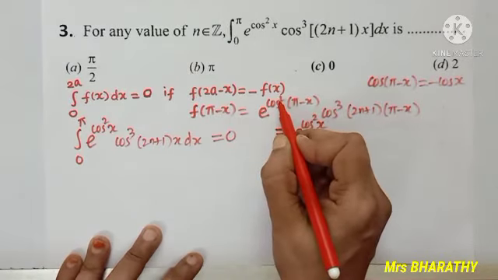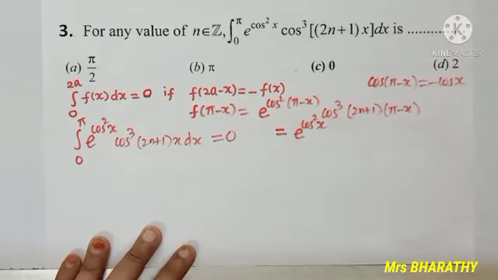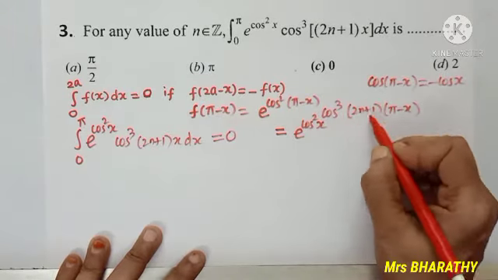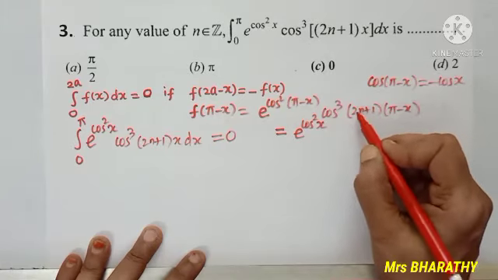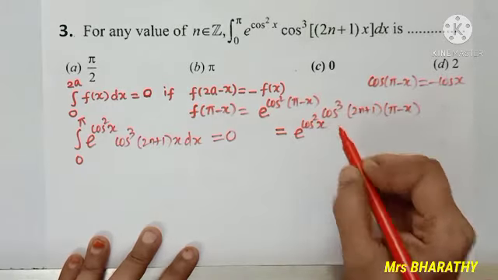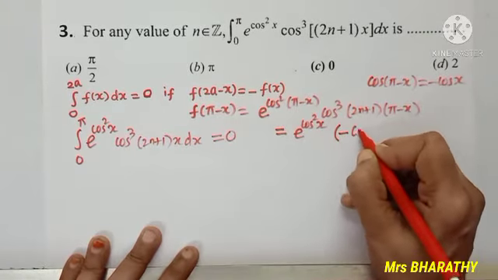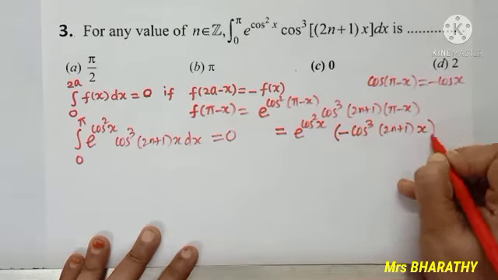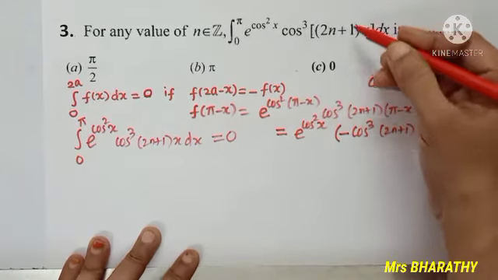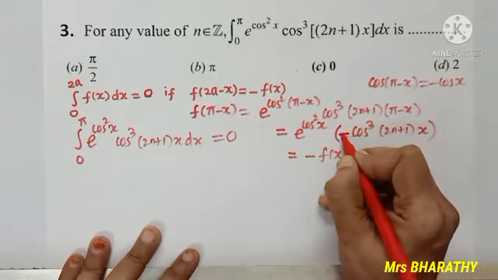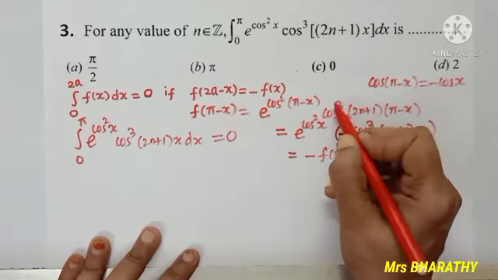But I am squaring, so it is obviously positive. But here it is an odd power. 2n plus 1 is an odd number. So an odd number into pi minus x definitely falls in the second quadrant where cos is negative. So it is minus cos cube of 2n plus 1 x. As I compare, it is minus f of x because we have a negative symbol owing to the odd power.